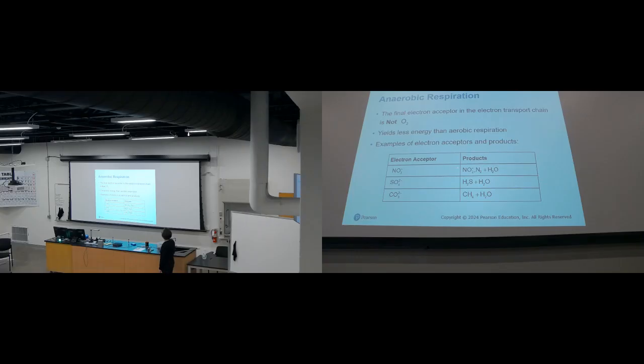And at least this will be important for the cycle of nitrogen and sulfur in our environment. So there are bacteria, for instance, in soil that can fixate nitrogen, and that is useful for plants.